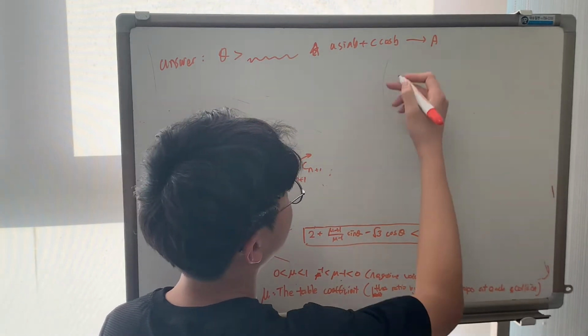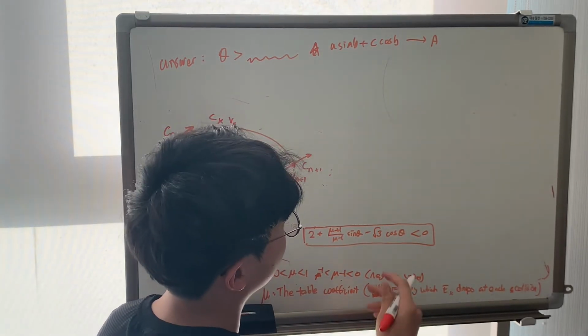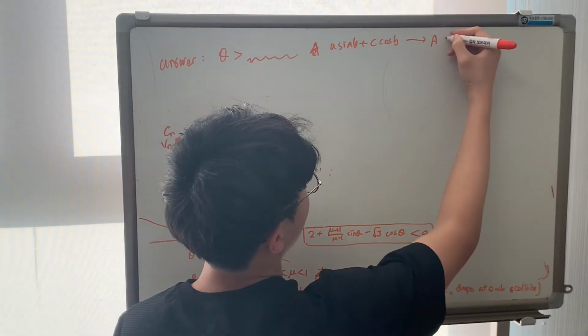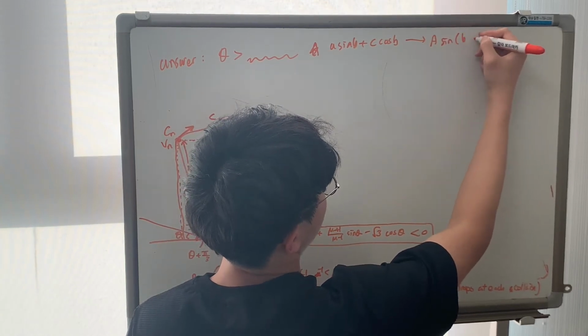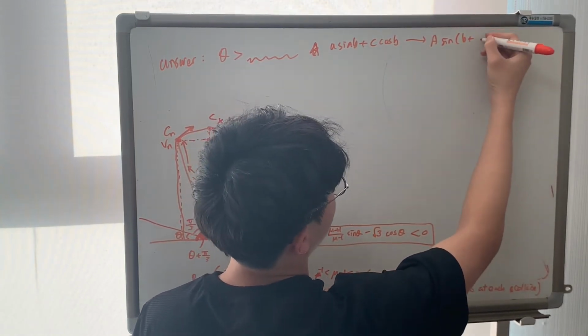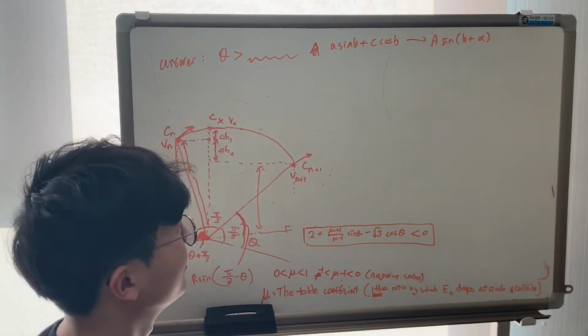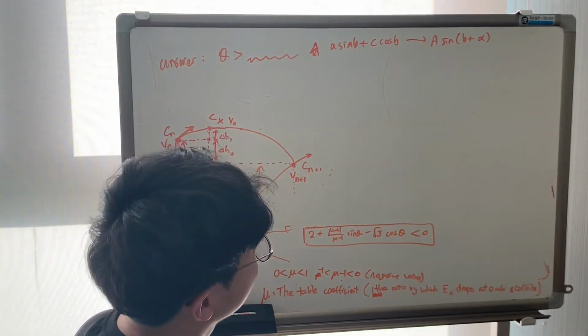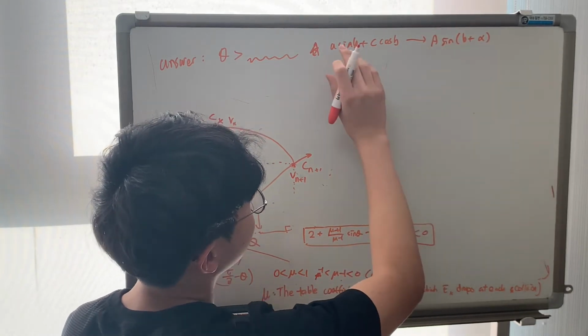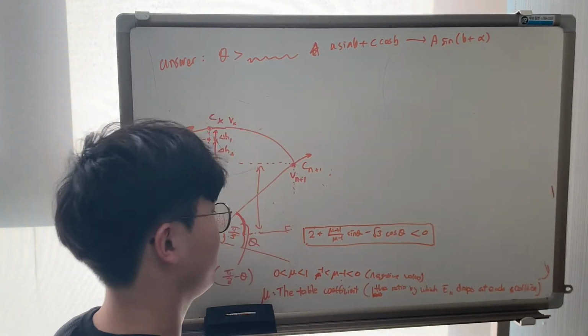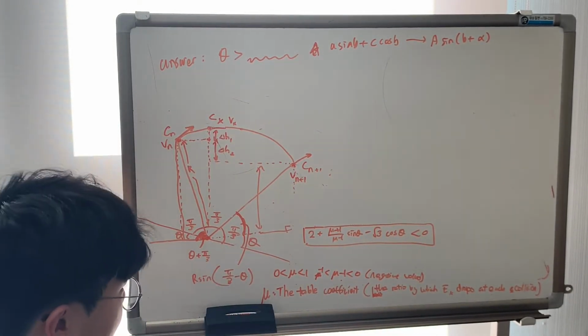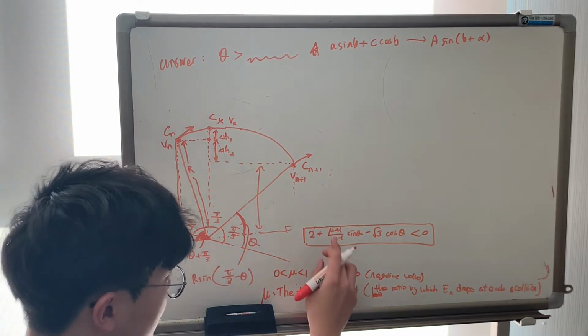That can be transformed to the form of big A sine of b plus some value, let's say alpha. It's really just a random variable, but anyways, we could transform this into one sine function. That's the point.